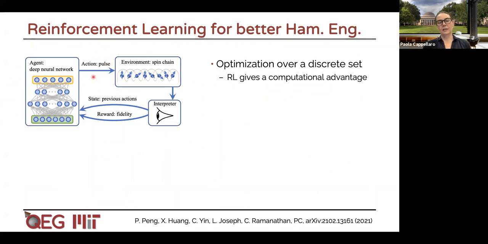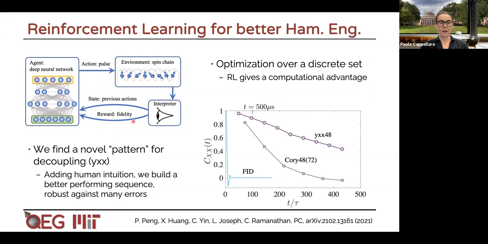The actions that the network can take are just pulses. We decided that the operations we can do are just pi over 2 pulses. These are inspired by existing NMR techniques. We test whether the pulses are good or not on a spin chain, and we calculate the fidelity as the metric for the reward for the action.